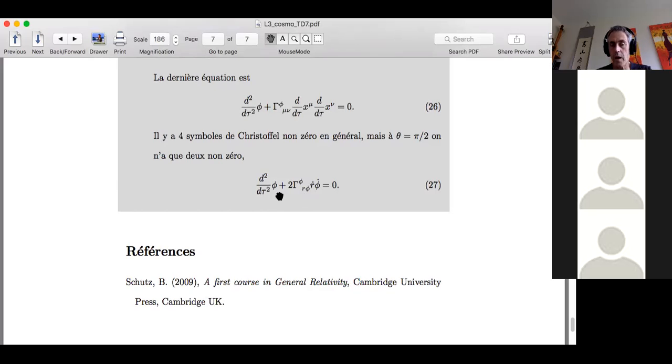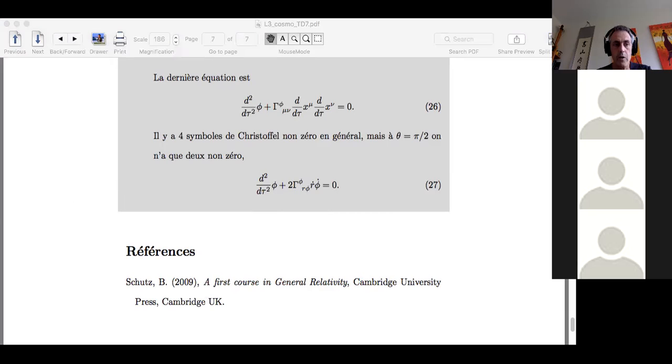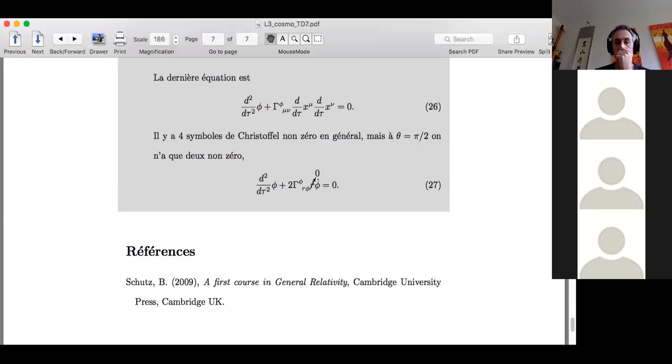And then we have, okay, but r dot is 0. So we can acknowledge that because r is constant, the r dot goes to 0 here.